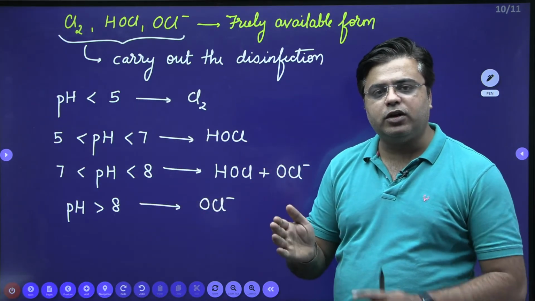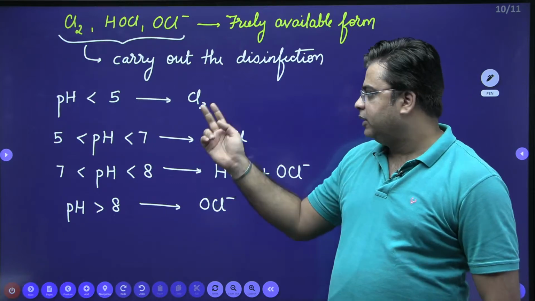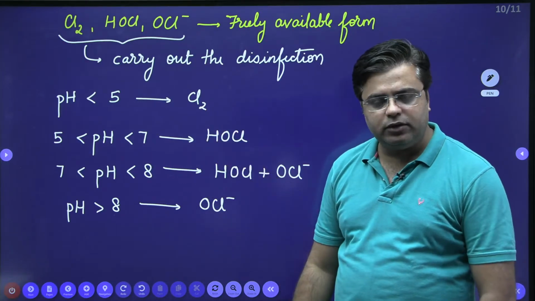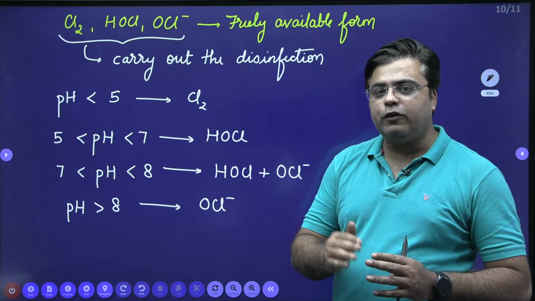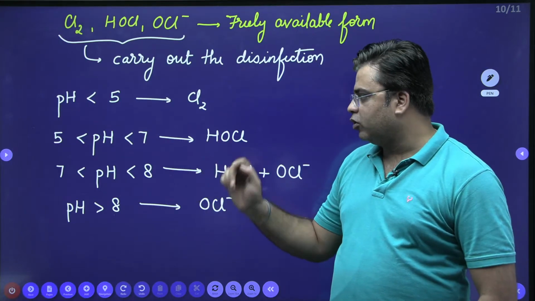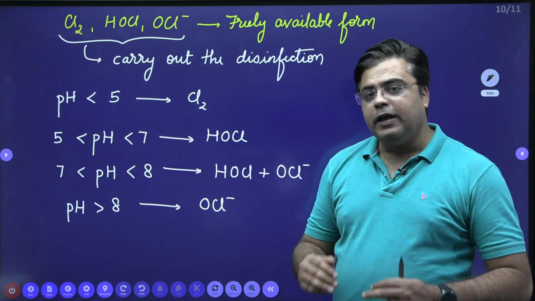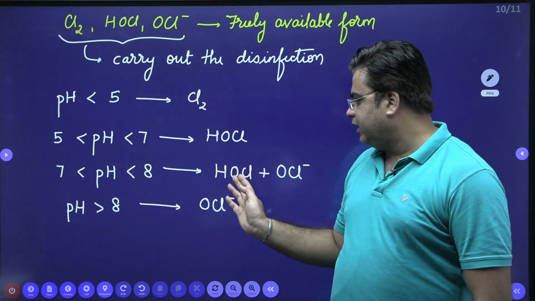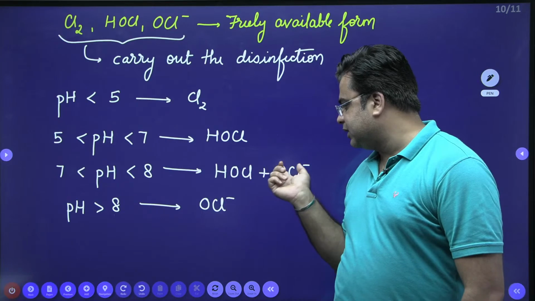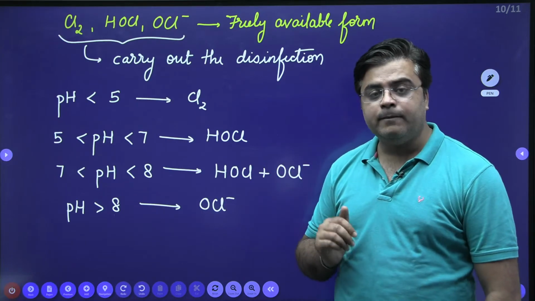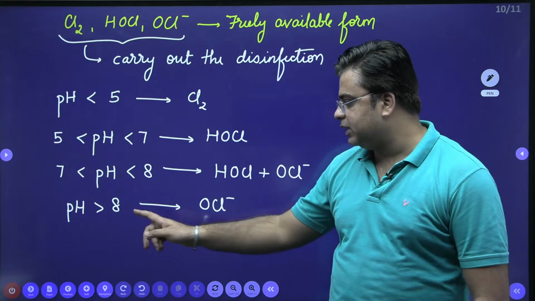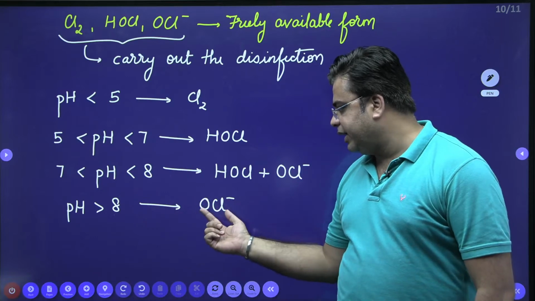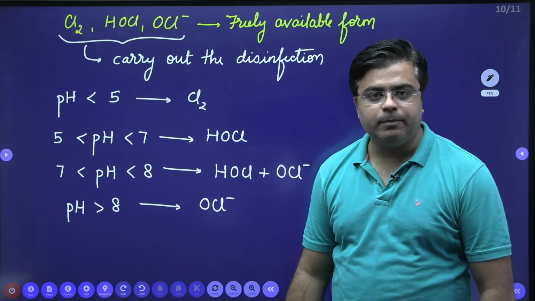If pH is less than 5, free chlorine, Cl2, is available. If pH is between 5 to 7, hypochlorous acid will be available. If pH is between 7 to 8, hypochlorous acid and hypochlorite ion will be there. And if pH is more than 8, then only hypochlorite ion will be there.